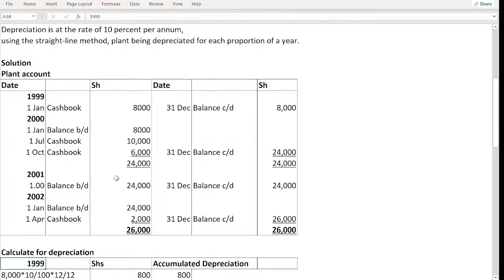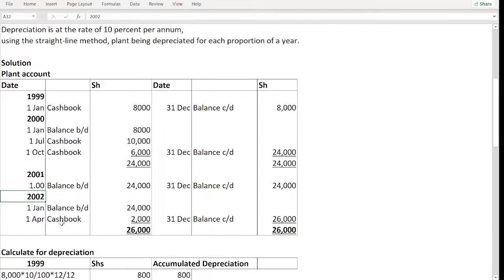Then in 2001, we did not buy anything. So the balance brought down from the previous year shall be 24,000. This is 1st January. And then the balance carried down on 31st December will be the same, 24,000. In 2002, on 1st January, we shall bring down what we carried down from the previous year, so that is 24,000.